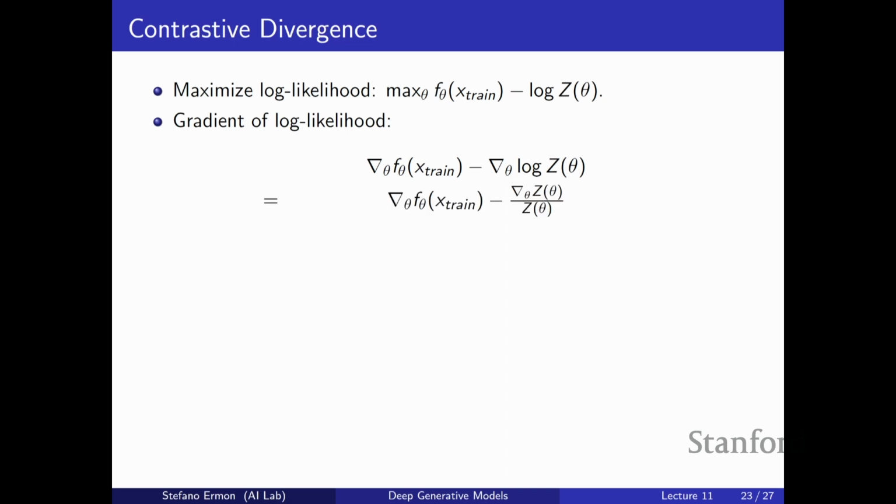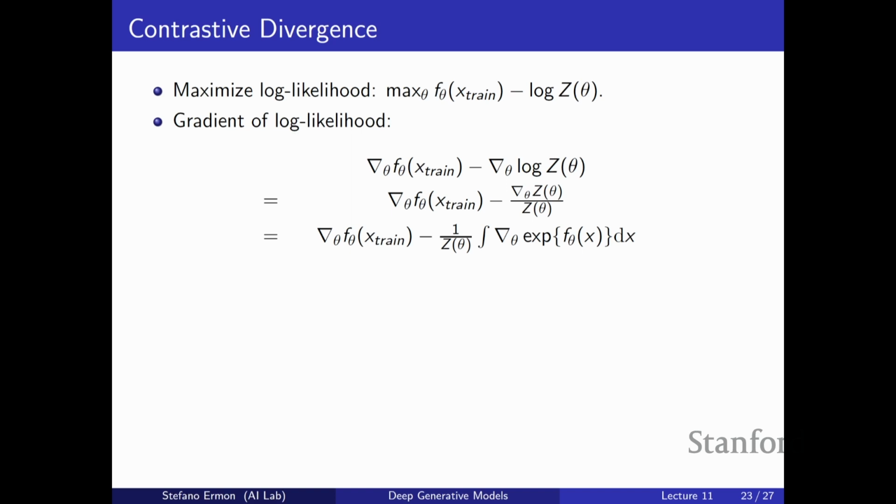We know that the derivative of the log of z theta is just the derivative of the argument of the log divided by z theta. Now we can replace z theta in the numerator with the expression that we have. Because the gradient is linear, we can push the gradient inside this sum. z theta is just the integral of the unnormalized probability, and then we can push the gradient inside, and we get this quantity here.